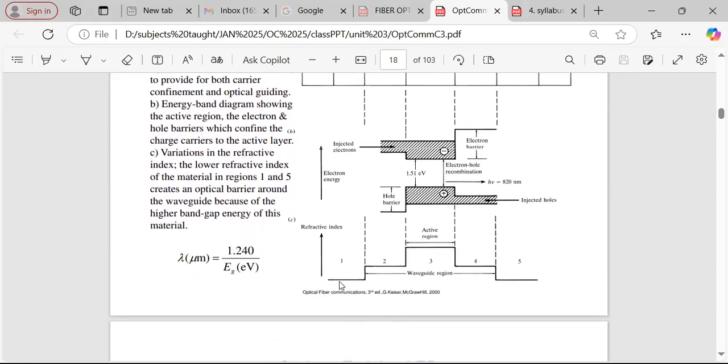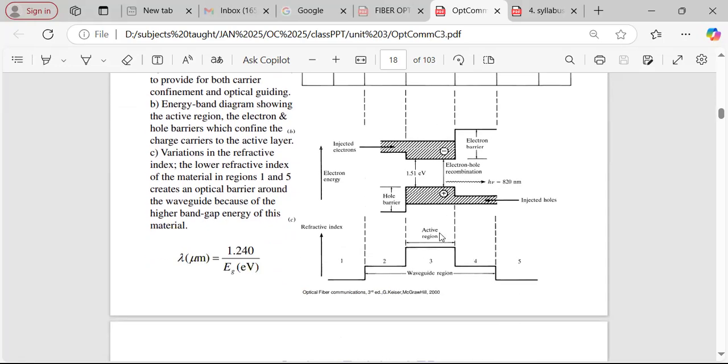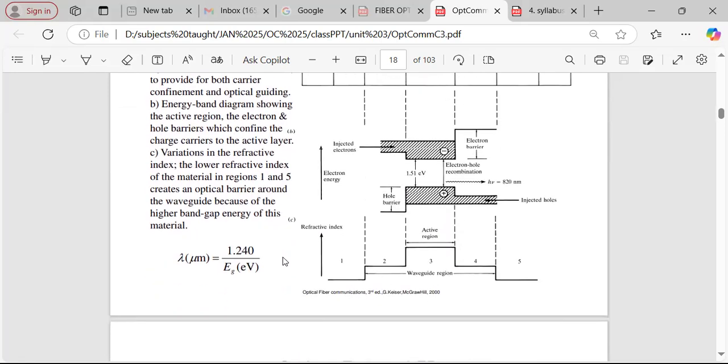In the substrate the refractive index is lowest, and in the recombination region the refractive index is higher. This light guiding area, the recombination region, is the waveguide region.